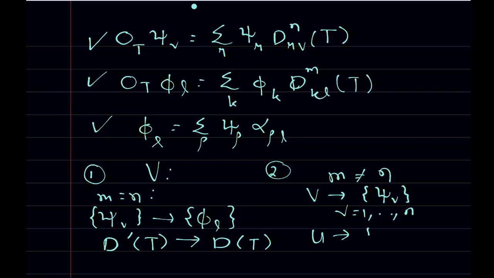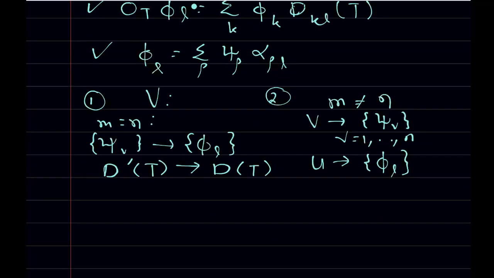So that means there is a representation of the matrix operator in V, and there is a representation of the matrix in U. So in case 1 here, I can write a similarity transformation in this way. I can always say that there is a matrix A such that if I do this, and this, and this, I get this.